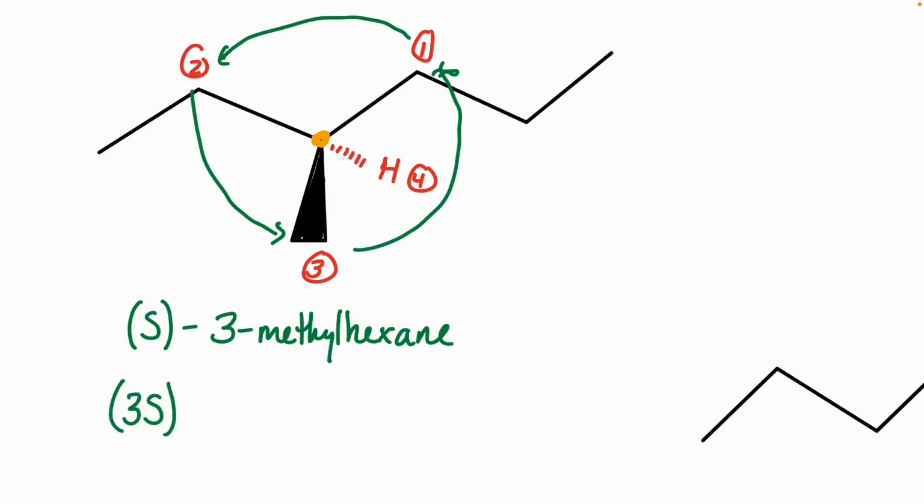You could also say 3S, 3-methylhexane. Okay, and these are our normal rules where counterclockwise is S and clockwise is R because our hydrogen is pointed into the page.